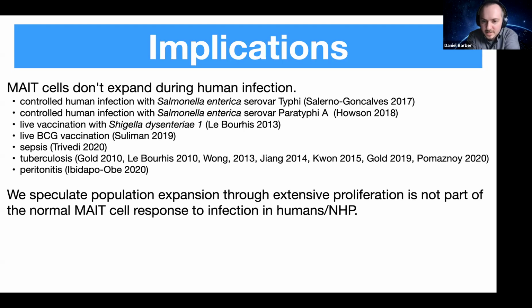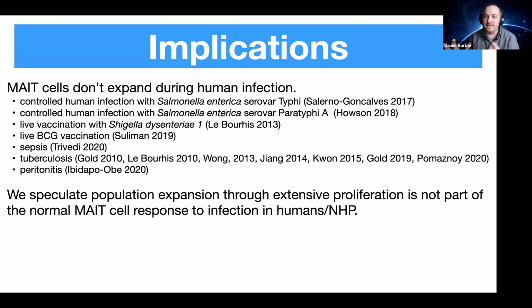MAITs can increase locally in precursor frequency as they migrate into a site. And so you'll find examples where MAITs have gone up a little bit, but it won't be hundreds-fold increases like you'd expect if this was a bona fide clonal burst, like you'd see for a normal T cell response.